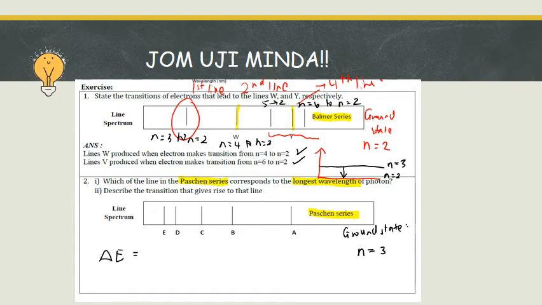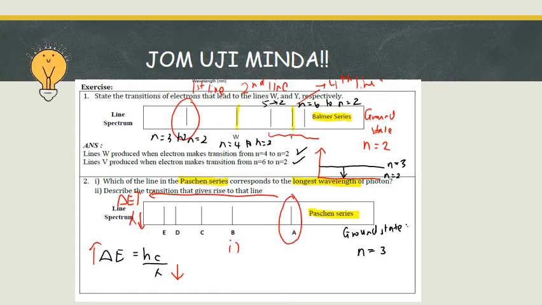We know based on the formula delta E equals Hc over lambda, higher energy means lower wavelength. So towards that direction energy increases and lambda decreases. So the longest wavelength must be line A.